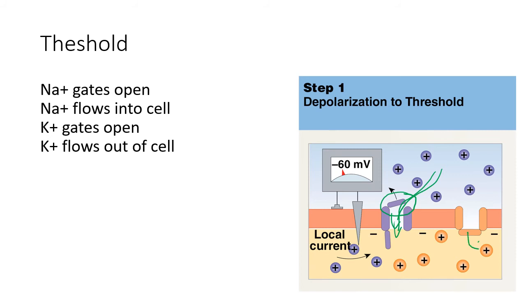Potassium, which is in excess on the inside of the cell, is going to flow out of the cell. And that's going to take us from negative 60 millivolts all the way up to a positive 30 millivolts. So we're going to make a very large change in the voltage once we've reached that threshold.